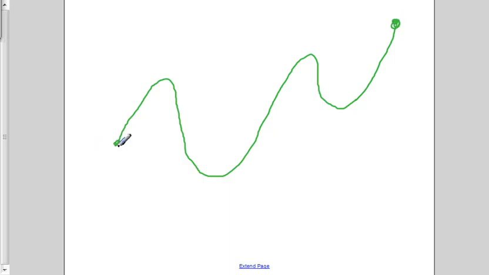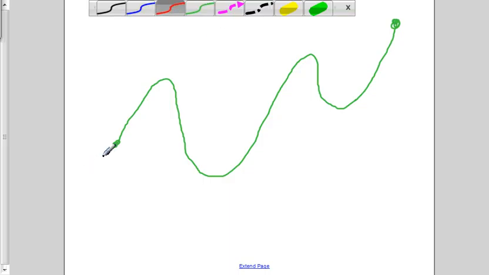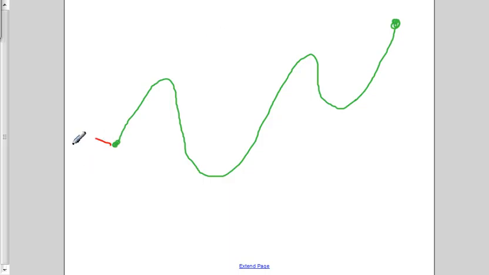Okay, so this point right here is going to be f of a. There's a, so the x value is a. Here, the x value is b. And again, its y value is f of b.